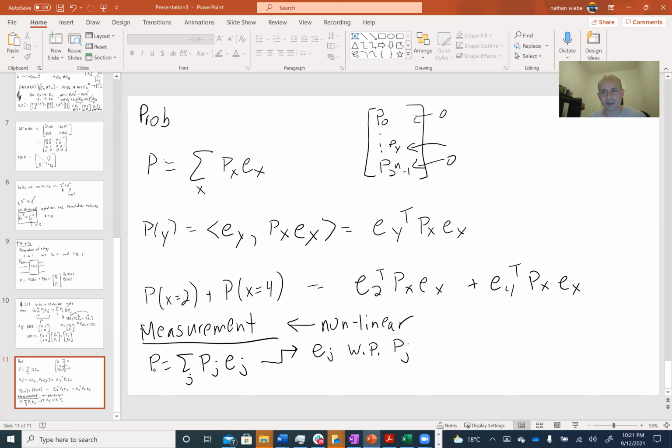But the key thing is that measurement here is nonlinear, and also, unlike all the rest of the gates, it is non-reversible. You can see that because once you've found what Ej is, there's no way that you can figure out what probability distribution you ended up drawing from. You can't undo that transformation, whereas all the rest of the gates that were done before your measurement can be. So this is one of the key differences.